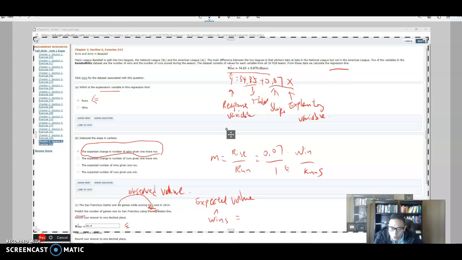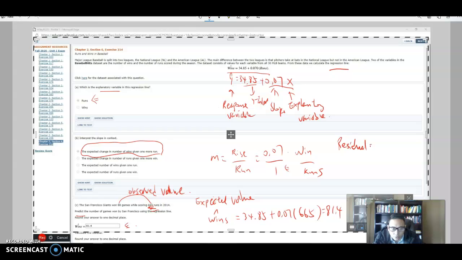Wins equal 34.85 plus 0.07 multiplied by 665. If you put that into your calculator, it gives you 81.4 wins.